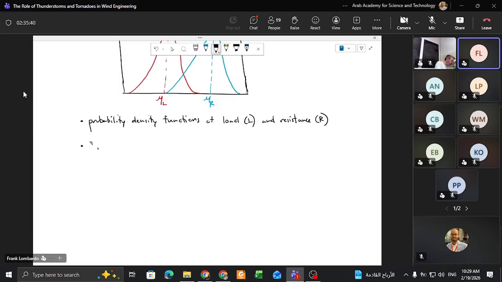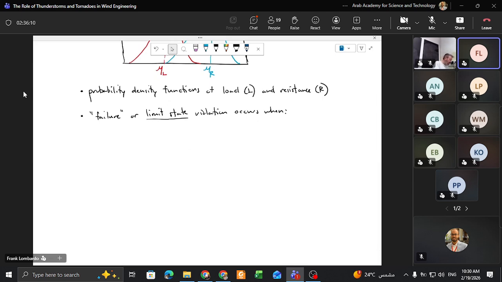We'll say failure, or we'll talk about a limit state, which is some self-defined damage scenario. Failure or limit state violation occurs when what?